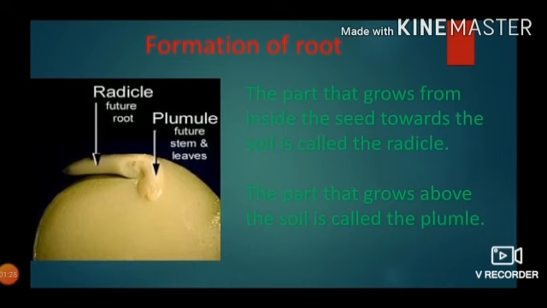Radicle is the first part of a seedling to emerge from the seed during germination. Plumule. Plumule is the future stem and leaves. The part that grows above the soil is called a plumule, the primary bud of a plant.